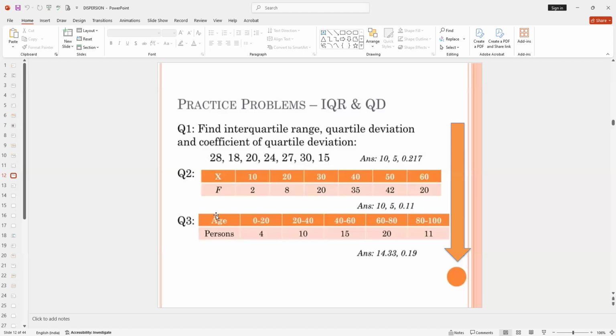In a continuous series, you use n by 4 for Q1 and 3n by 4 for Q3, where capital N represents the total number of frequencies, that is, the sum of all the frequencies. Already discussed in the class. So please solve these questions and submit them to me as an assignment.